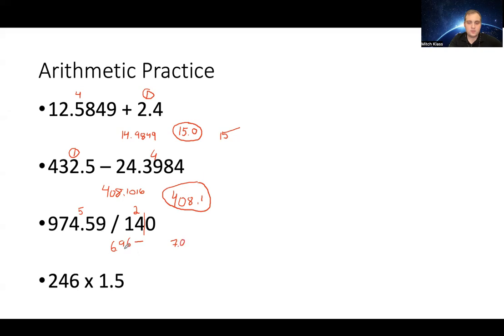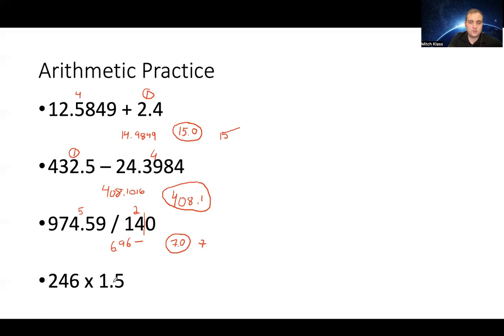Again, because the 6 carries over into the 9, turning this into 7, our answer would be wrong if we didn't include that 0 next to the decimal point. So if you put 7, it was a nice attempt, but not quite there. Don't forget, significant figures are important here in your calculations.